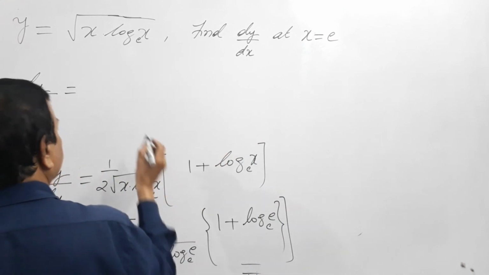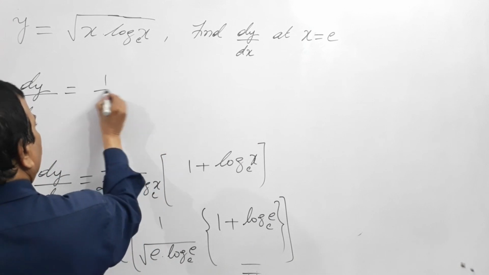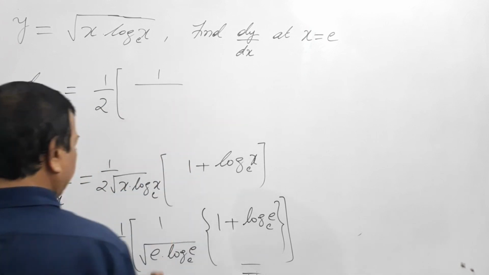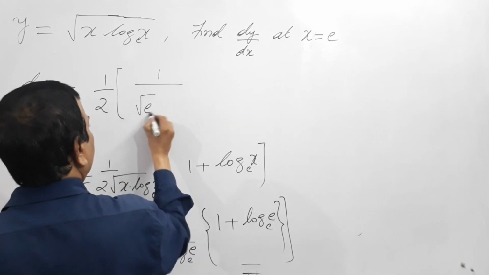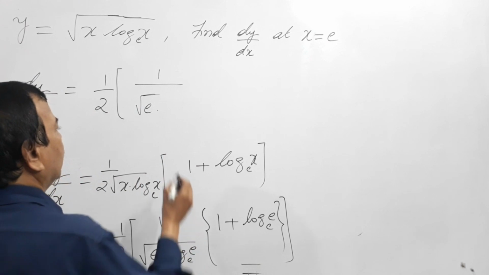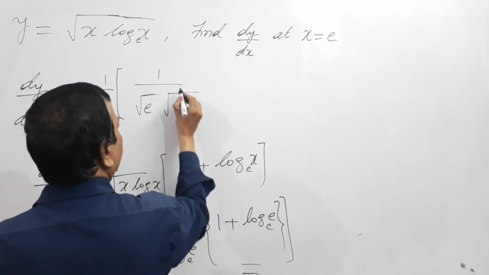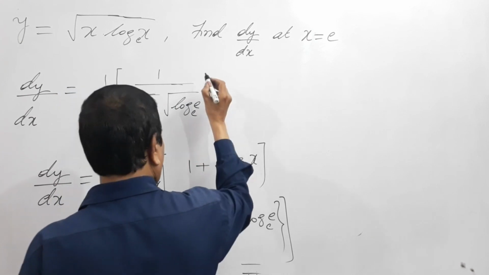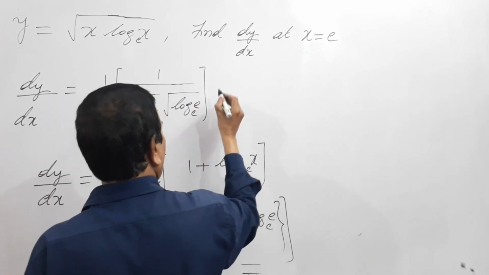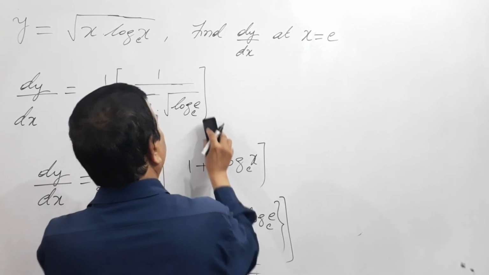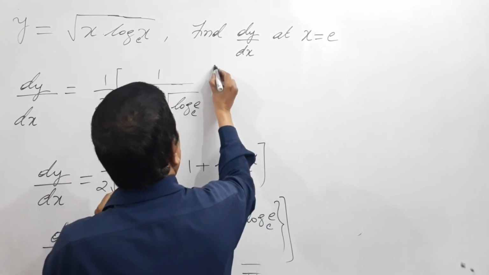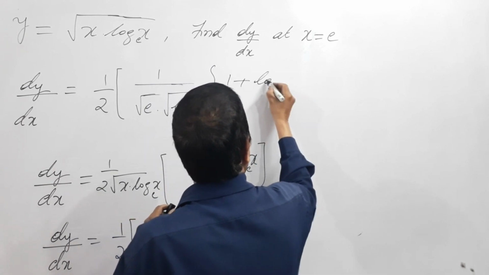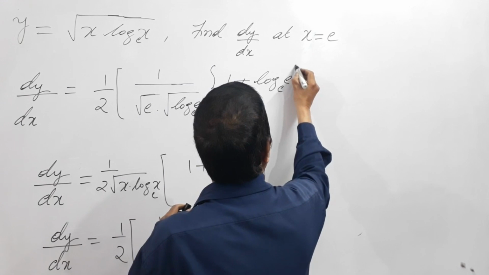Now we'll simplify this. That is half into 1 by root e, into log e to base c, into 1 plus log e to base c.